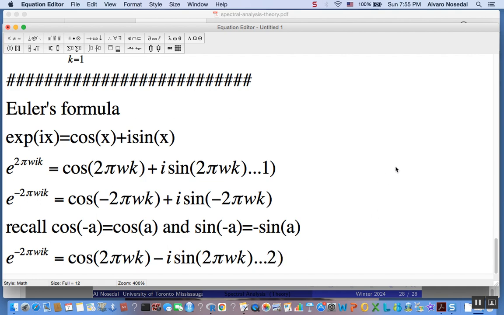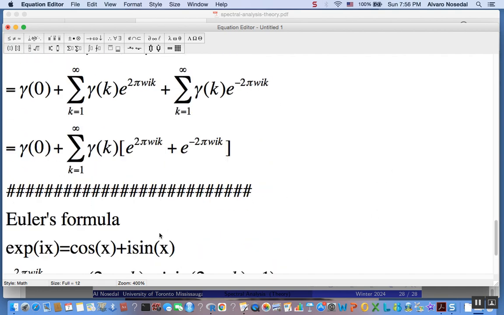So note that what we want here is e to the power 2 pi w i k plus e to the negative 2 pi w i k. So we need the sum of these two exponentials.